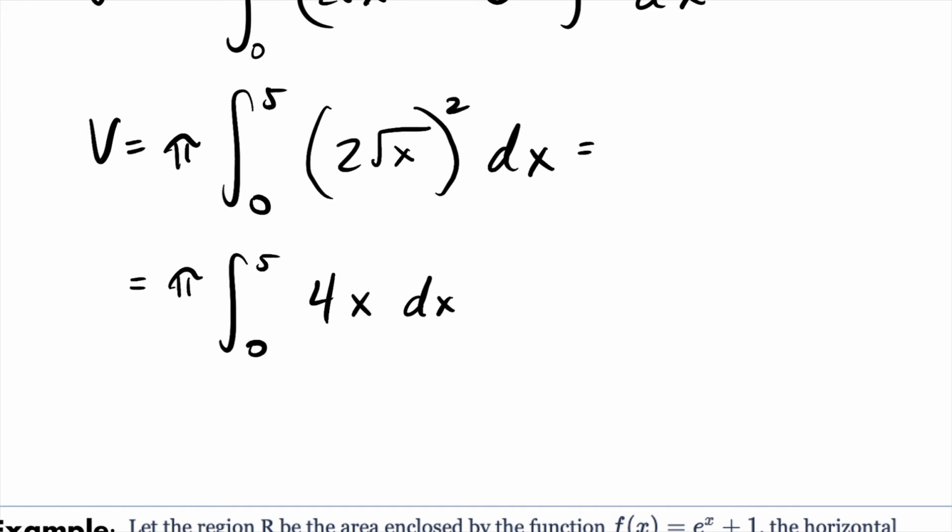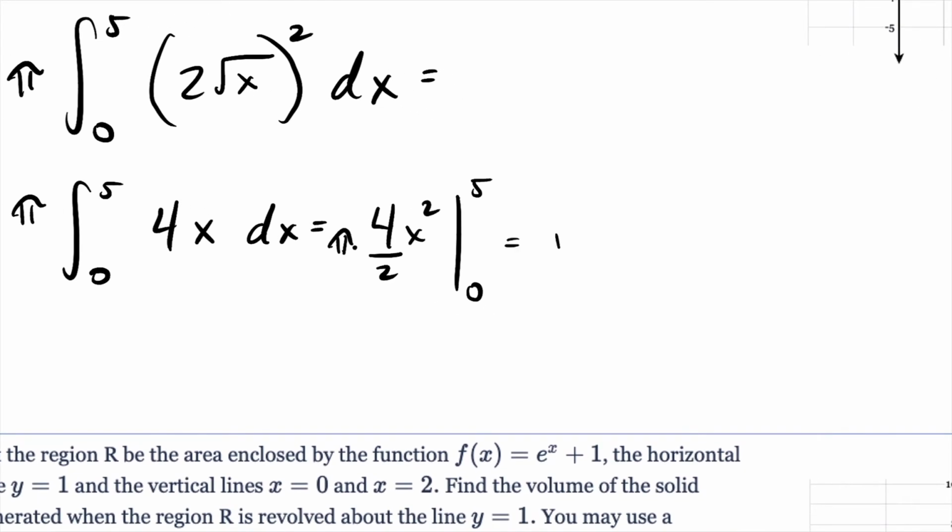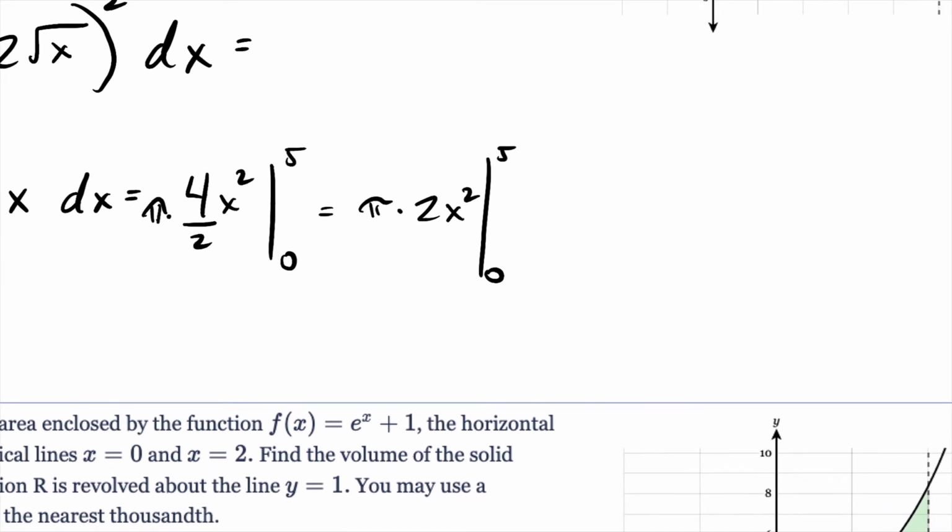I mean, it is a calculator question. Really the only part we're going to need the calculator for is pi, because they want us to round. So it's going to be 4x squared divided by 2, and then pi times that from 5 to 0. So we have pi times 2x squared from 5 to 0. Plug in 5, plug in 0, see what you get.